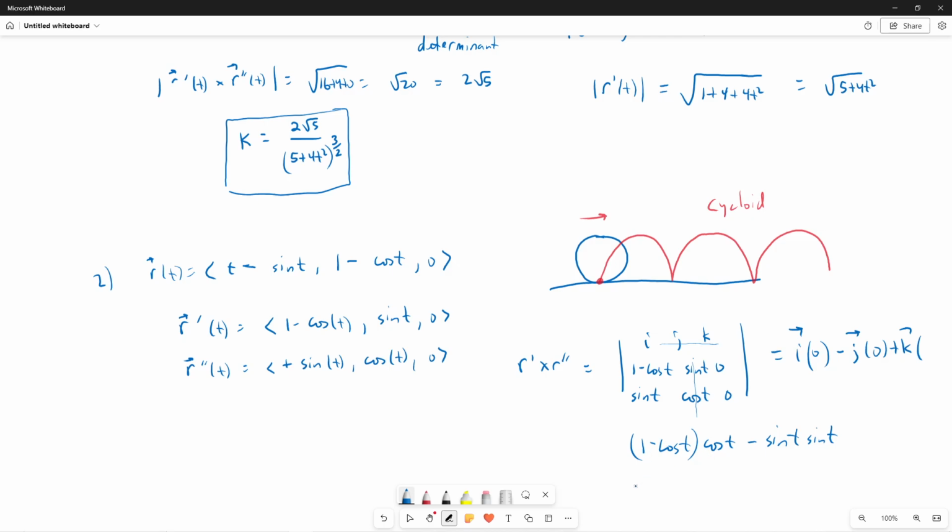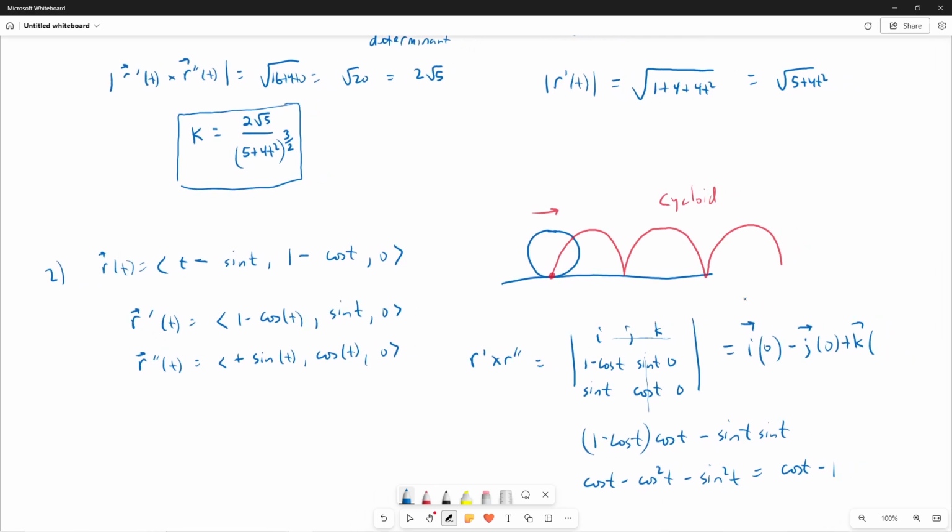And this is cosine t minus cosine squared t, and then minus sine squared t, and that looks like cosine t minus 1. So k times cosine t minus 1.